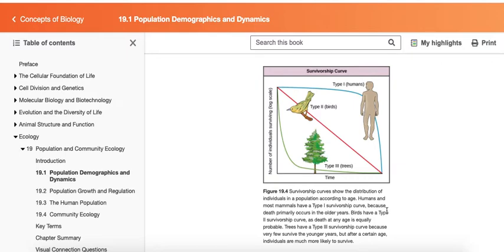Most individuals reach a certain age before they start to die. So this could be a lowland gorilla. This could be an orangutan. This could be an elephant. This could be a giraffe. This could be an orca, where they just live a certain amount of time before they die, at old age.